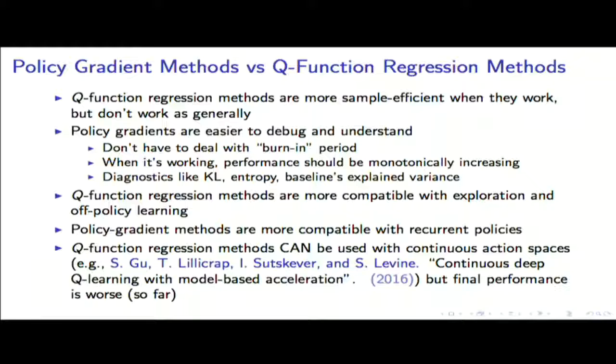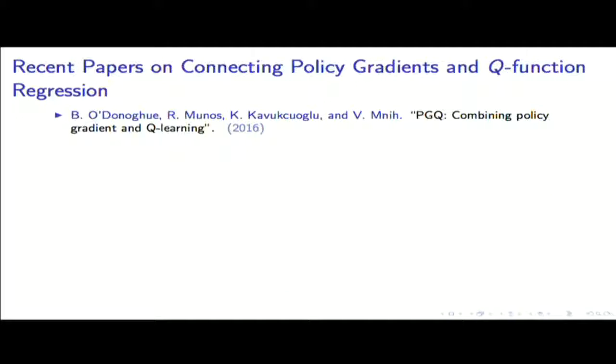There are different choices. But in practice, it seems to give worse final performance than the policy gradient methods. People haven't been able to solve some of the harder benchmark problems using this type of method. I think it's only been successful at solving some of the simpler problems.